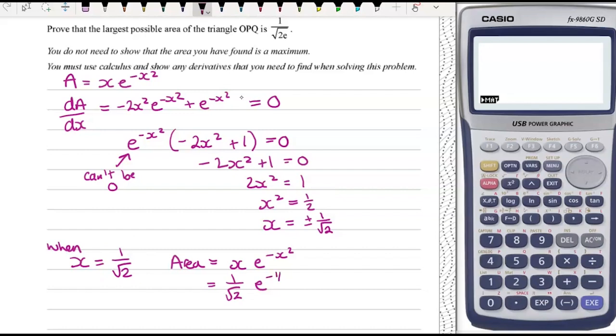So it's e to the minus a half. Now, something to the power of a half is a square root, and making it a negative one means it's on the bottom. So that's 1 over the square root of e, which equals 1 over the square root of 2e. We can combine those, and then we've got what we needed as required.